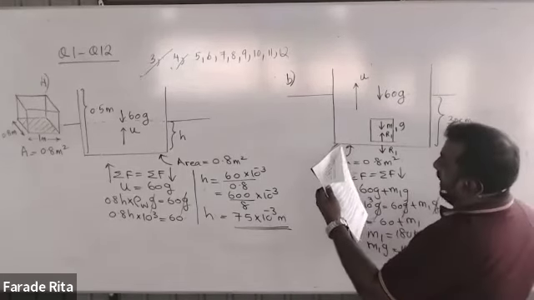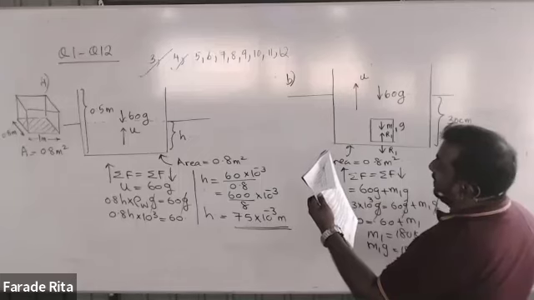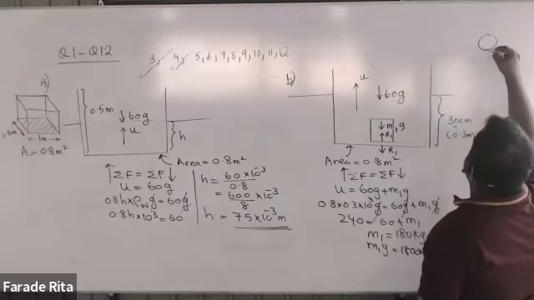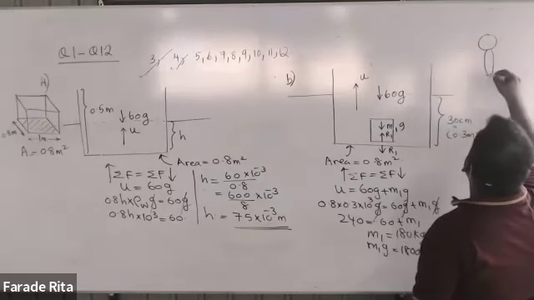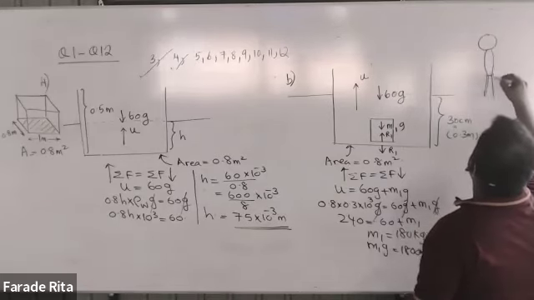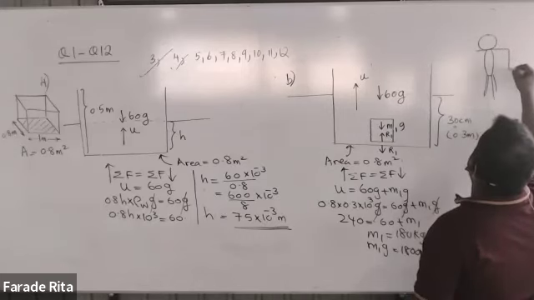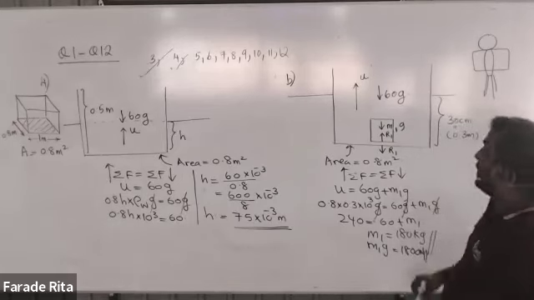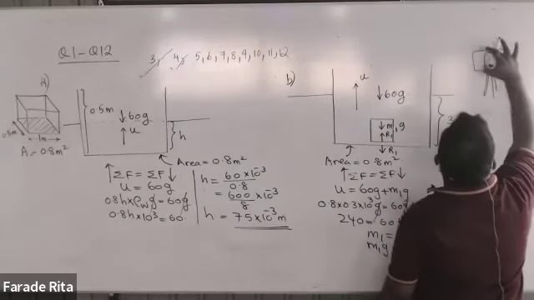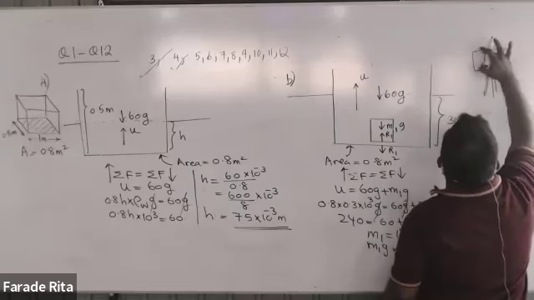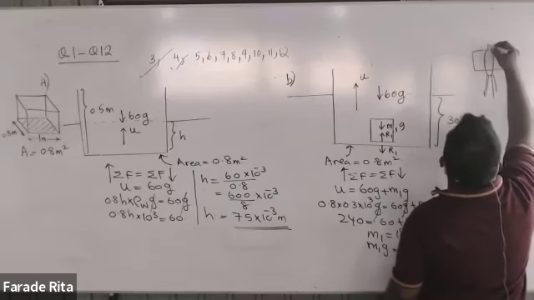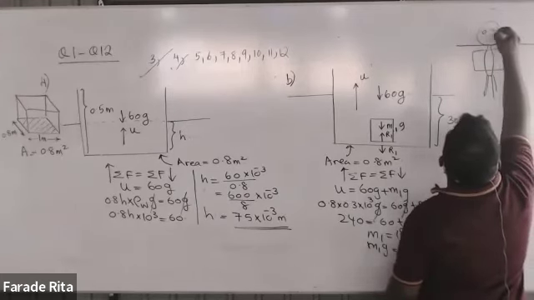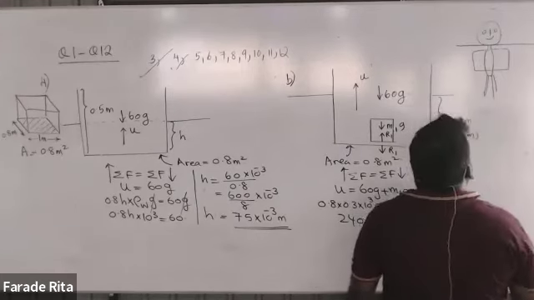What volume of plastic must be used to keep 20% of an 80 kg man above water? There is a man now, wearing a life jacket. 20% of the volume of the man is above water. Let's say the fellow's head is 20% above water.